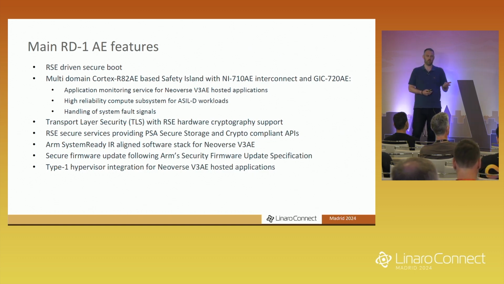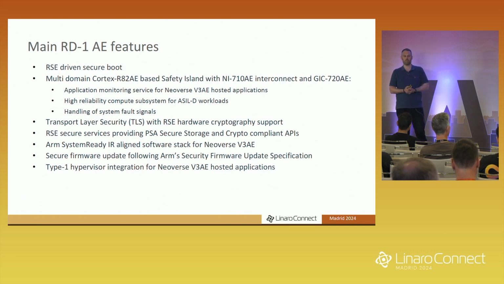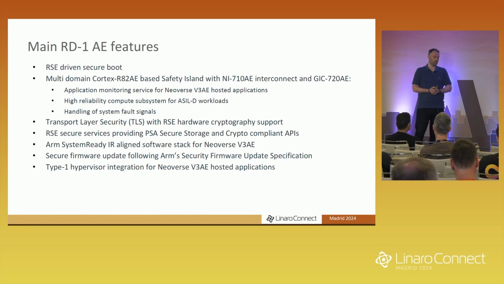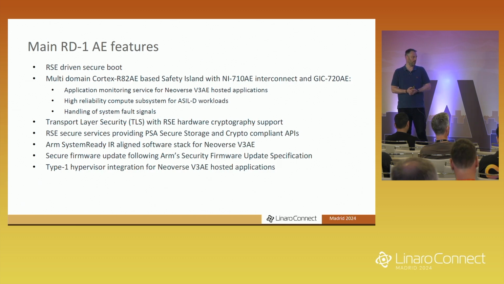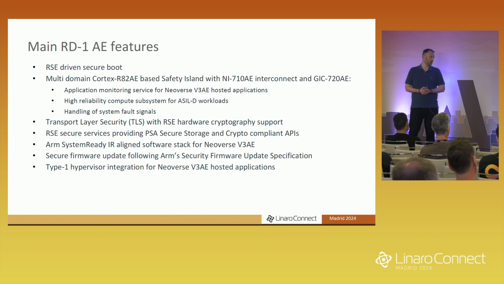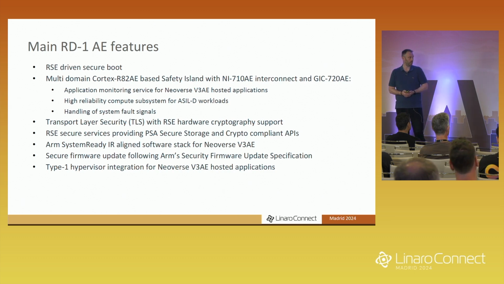We've also got a high reliability compute subsystem for any general ASIL-D workload that you would look to host in an automotive environment, and a method of responding and handling system fault signals. We've also got hardware-backed cryptography support and the other features that you can see there, and we'll just step through those in the next few slides.